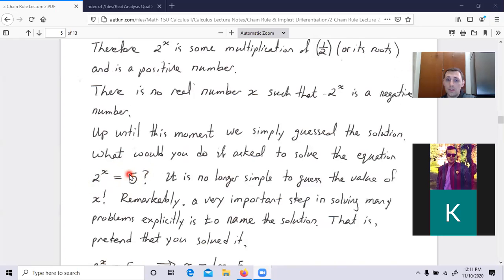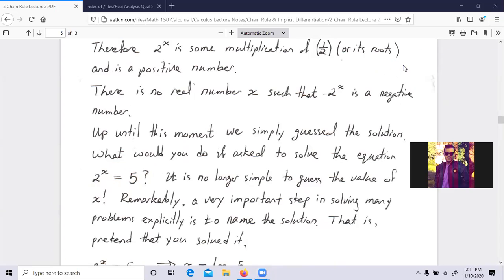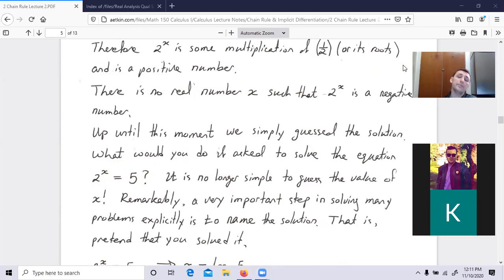How would I solve this question? 2 to the x equal 5. Yes, Kirill.